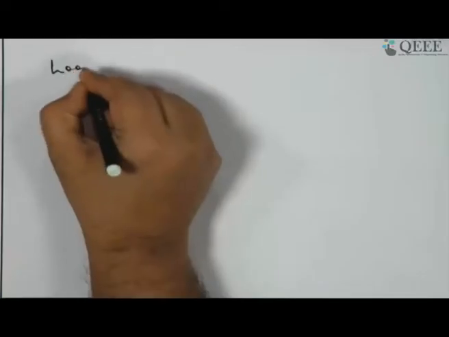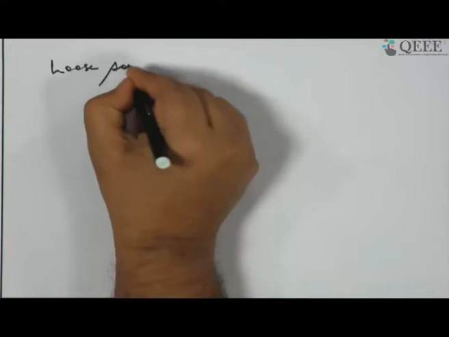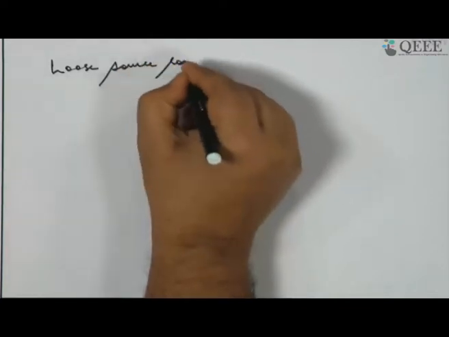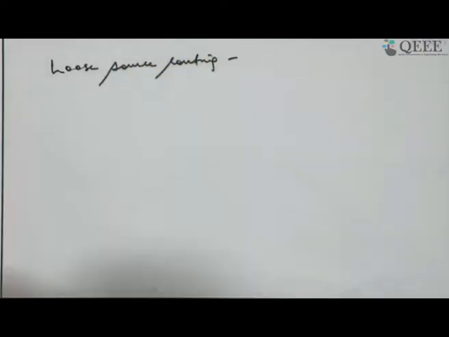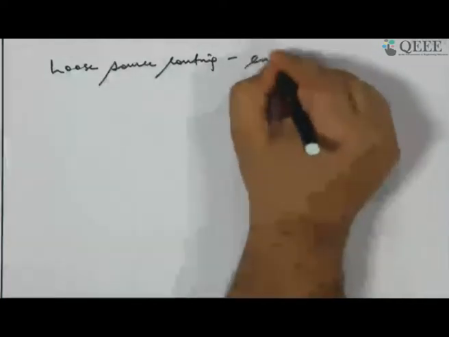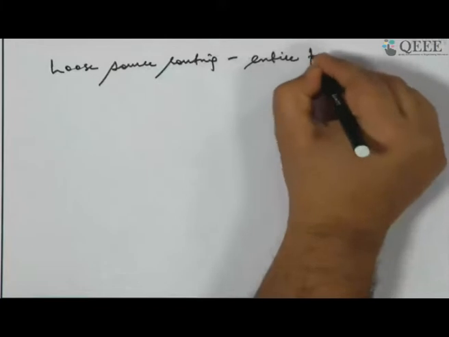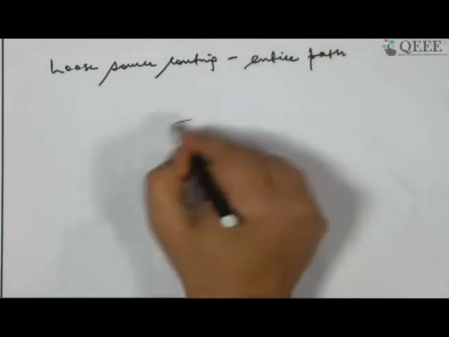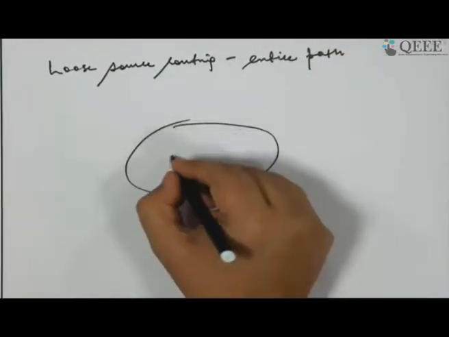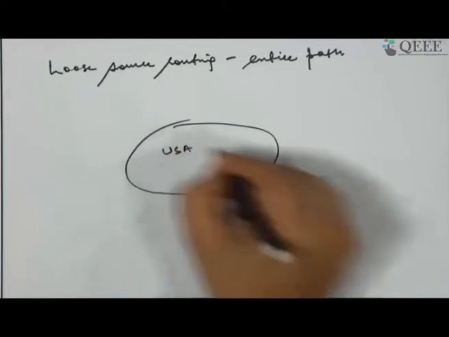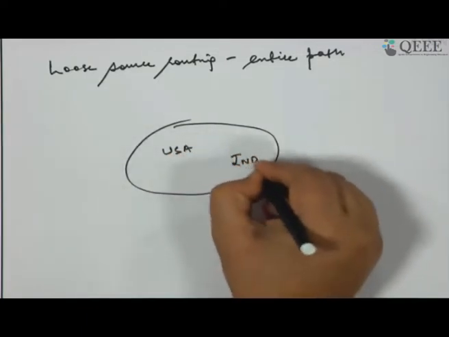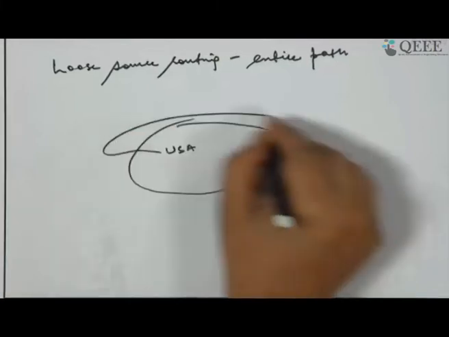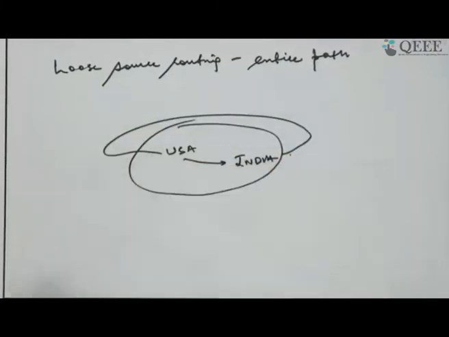Okay. The next is loose source routing. So what is loose source routing? Loose source routing is you don't give the entire path, but say you are going from USA to India. So you can go this way or you can go this way.